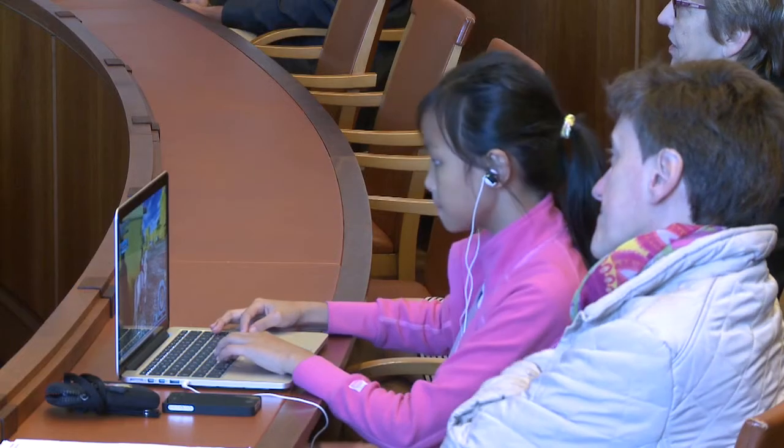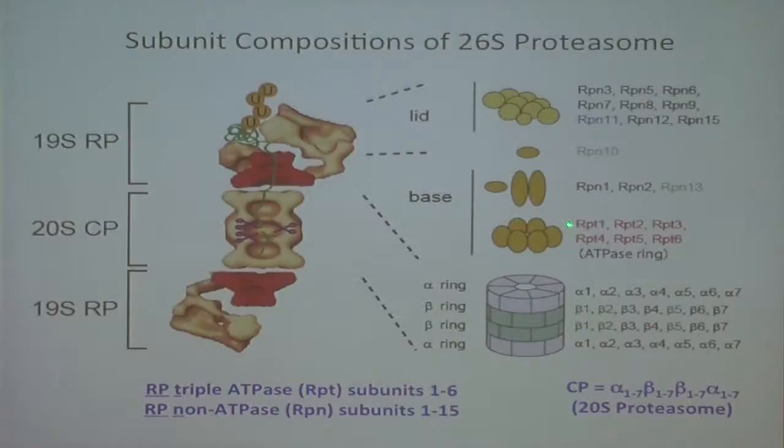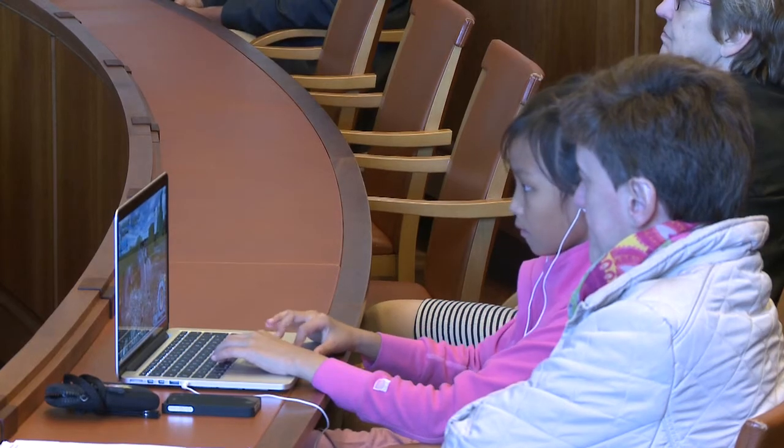One is the ATPase subunit, called RPT, meaning RP triple-A ATPase subunit. It consists of 6 subunits which make a ring-like structure. Another group is the non-ATPase subunits, like this.